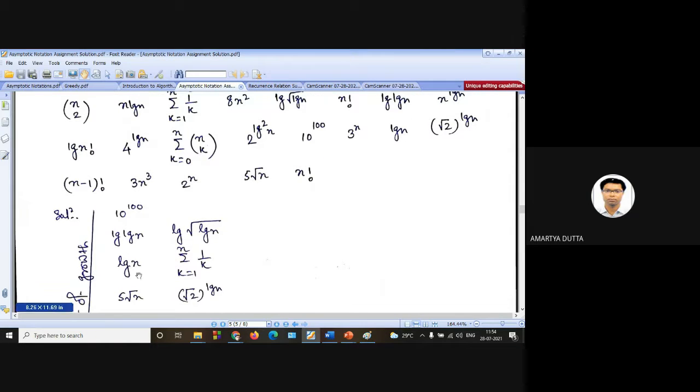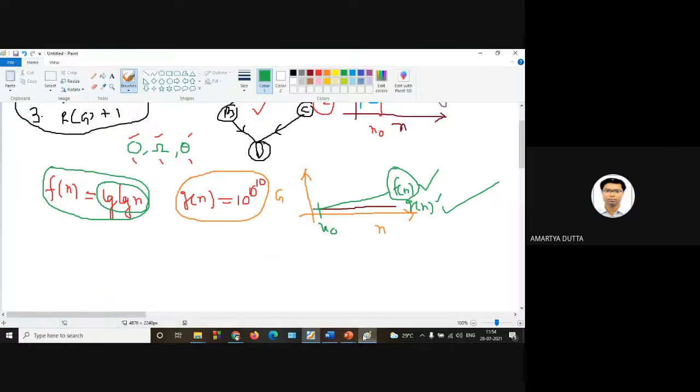Next, lg n is faster than log n. Here lg means log base 2 or 10, while ln means log base e.